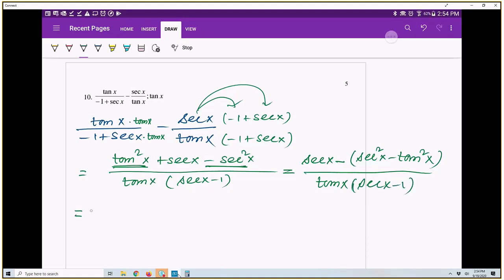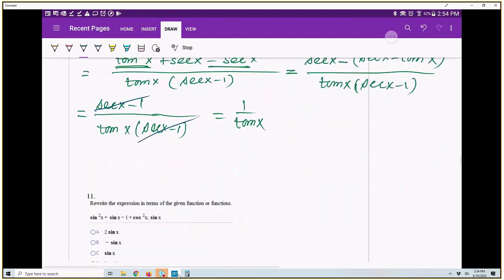So I get secant x, and remember the Pythagorean identity, secant squared minus tangent squared is 1, so it is (secant x minus 1) over tangent x times (secant x minus 1). So we're pretty much there, because now we will cancel secant x minus 1 with secant x minus 1. So my final answer is going to be 1 over tangent x. I wanted the answer in terms of tangent x, and we obtained the answer.